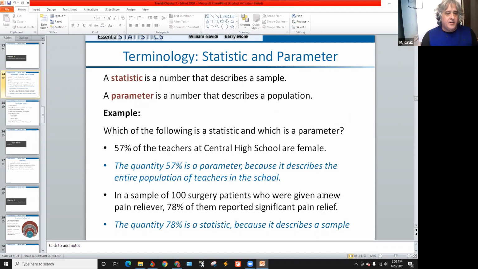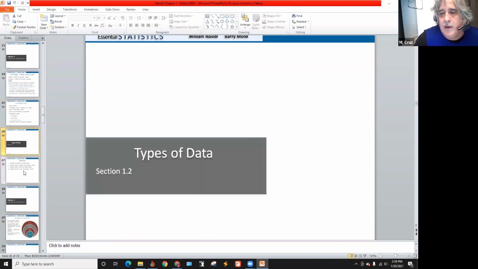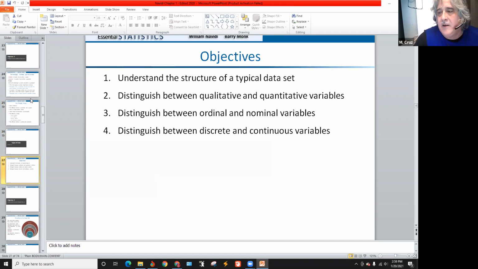In the rare occasion when you have the entire population and you calculate something, it's called a parameter. A statistic belongs to a calculation on a sample, and a parameter is one from the entire population.